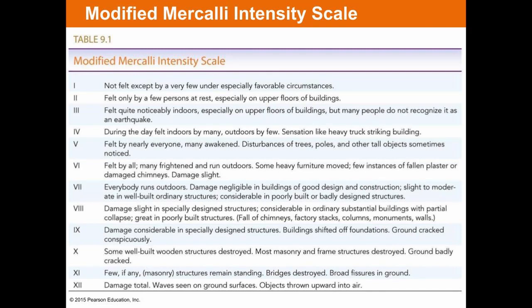As you can see, the modified Mercalli intensity scale goes from 1 to 12, where 1 is essentially you don't feel the earthquake, and 12 is all hell's broken loose, everything's collapsed, total damage to whatever your surroundings are. This really sucks. And as you notice here, there's a lot of words like felt or damage, things like that. Not proper sciencey terms like joules and all these other units. Instead, it's what happened around me.